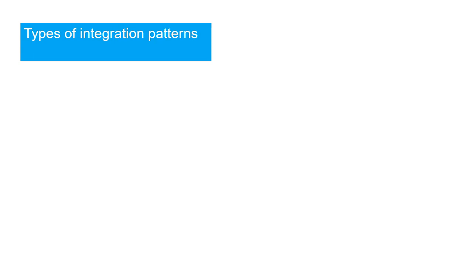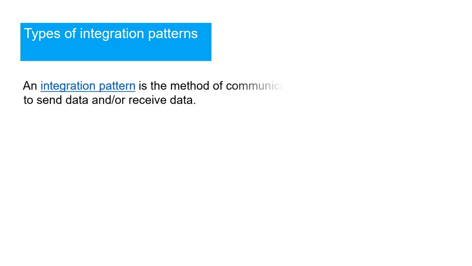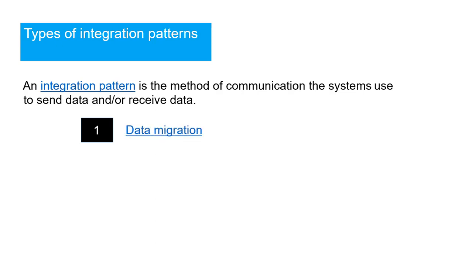So let us now see the types of integration patterns. An integration pattern is the method of communication the systems use to send and/or receive data. The first integration pattern is data migration. Second, we will see the broadcast pattern.